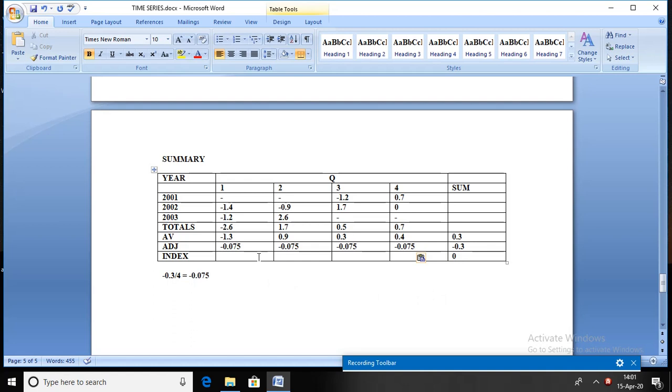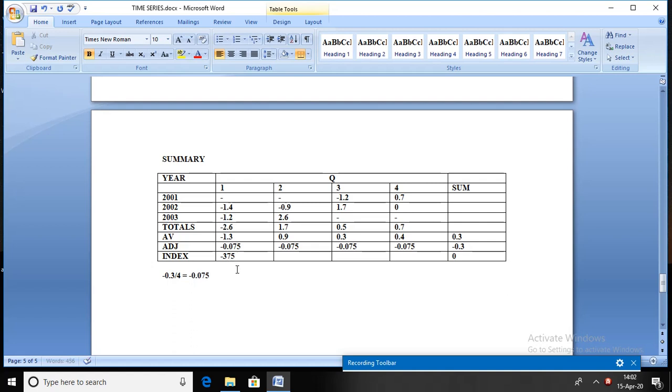So now it's negative 1.3 plus a negative 0.075. You have negative 1.375 when you add those two.